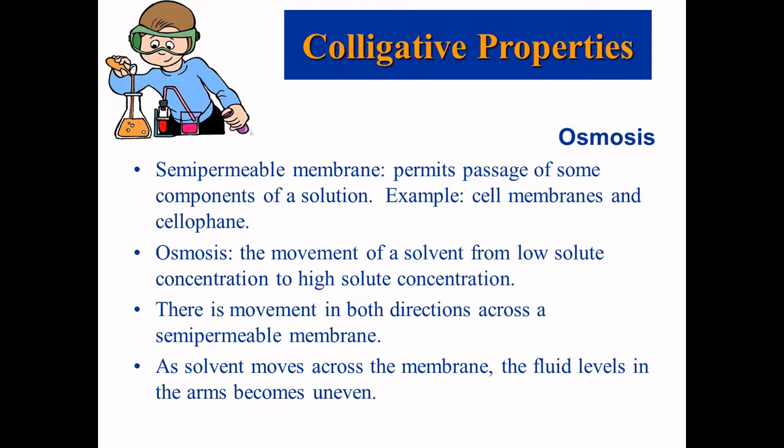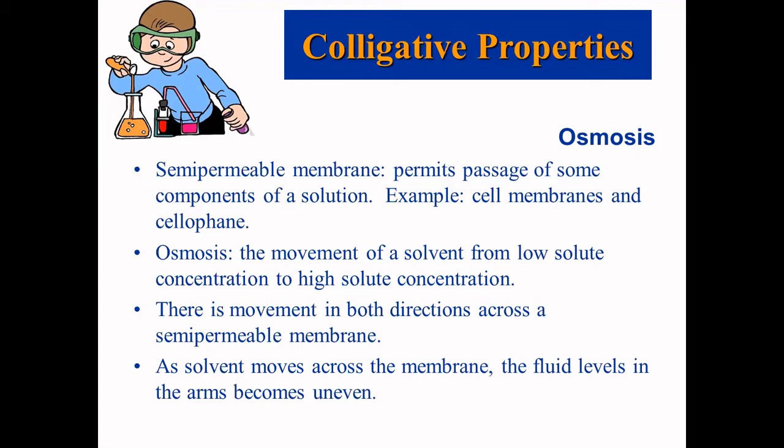So when we speak of osmosis, it is actually the movement, okay, what moves? The solvent, the movement of a solvent from a low solute concentration to a high solute concentration, or from a low concentrated region to a high concentrated region. This movement actually is in both directions across a semi-permeable membrane, but as long as it's always from low concentration to high concentration.